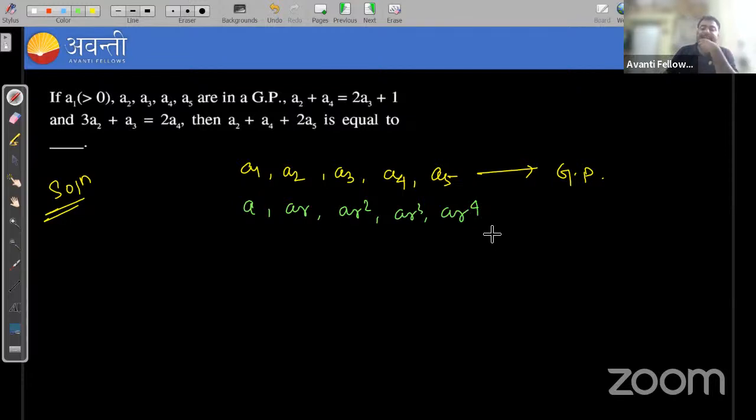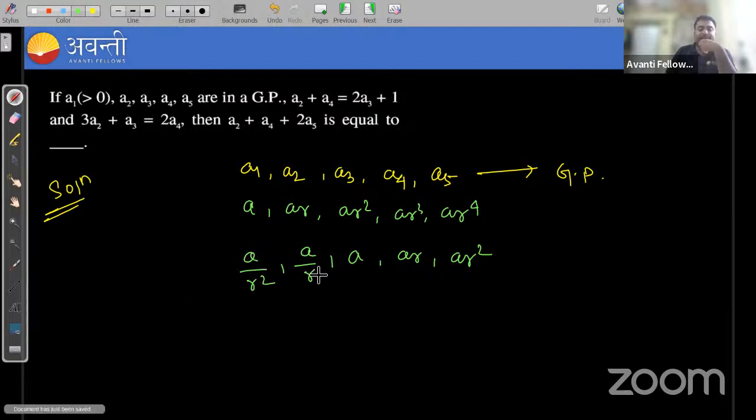And the second option is, suppose I choose AR square as the middle term: A by R square, A by R, AR square... in this way also we can choose. So this is option 1, and this is option 2. Any option you can choose.